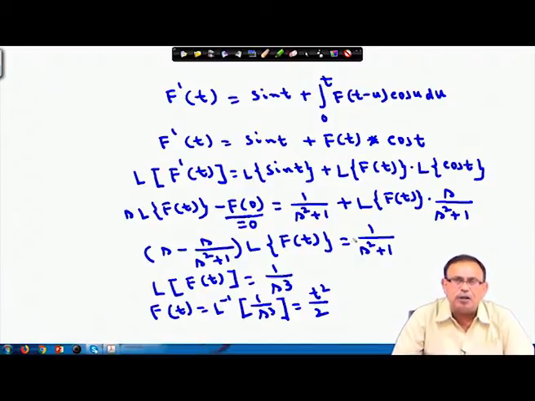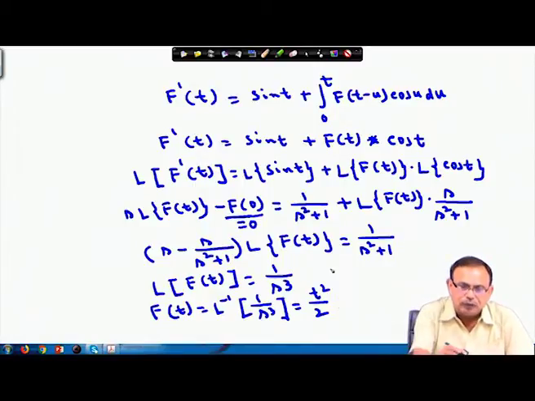Please note that in this equation f(t) comes under the integral sign, and you have the derivative f′(t) also, but since we know the Laplace transform of the functions as well as of the derivatives, using that concept we can find f(t) as t²/2.